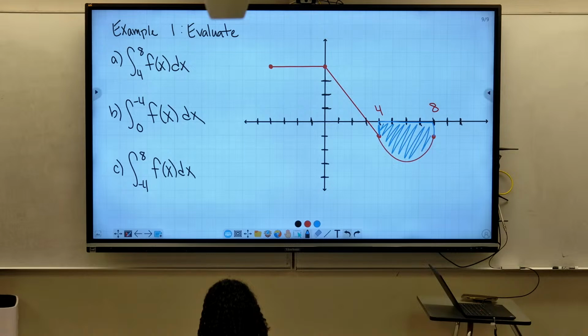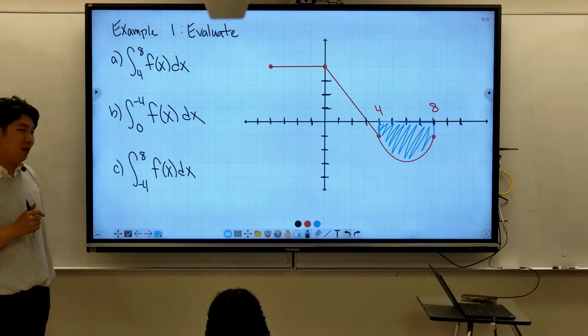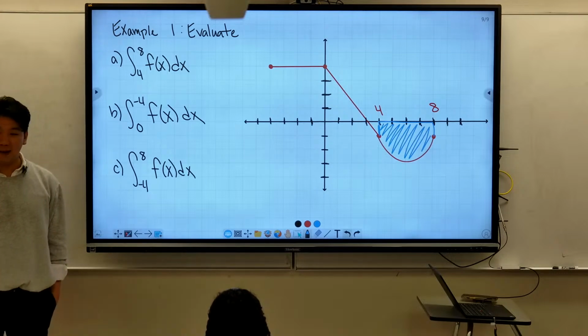All right, so how could I possibly get that area, despite the fact that I don't even know what my real function is? Like I don't have f of x equal to x squared or anything. But what could I do to get that area that I've shaded? We could do some approximations, yeah. In fact, for this example, I'm going to claim that we can get the exact area.